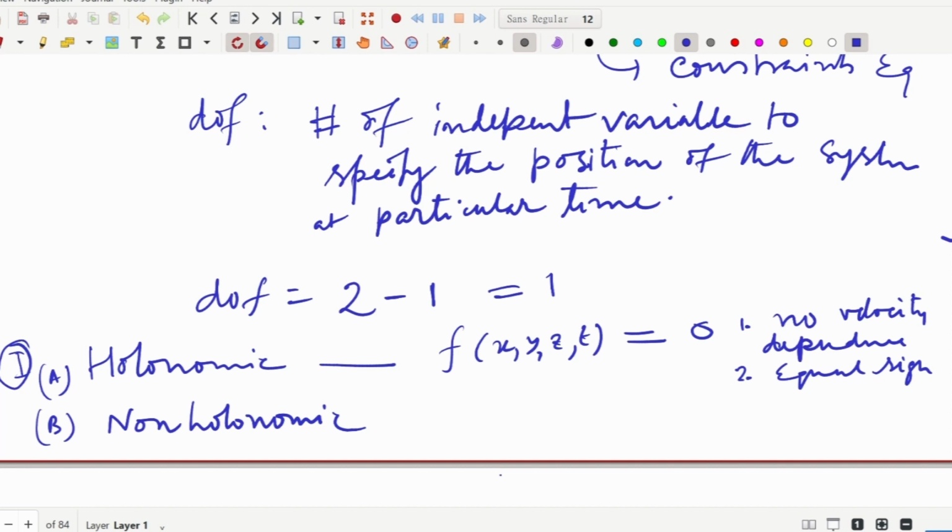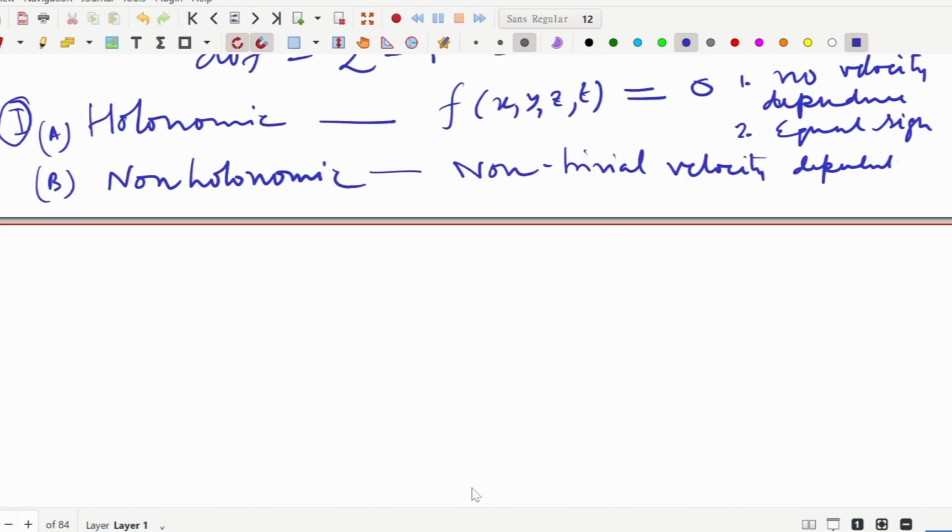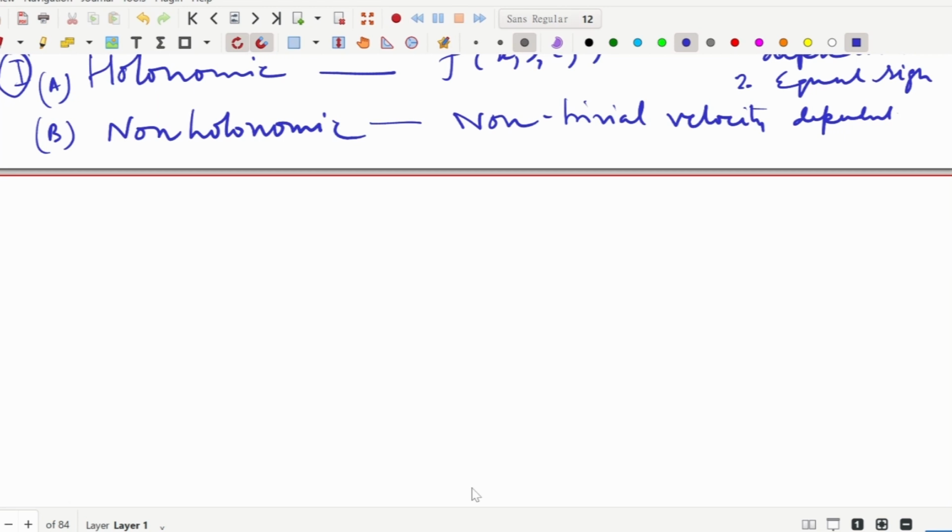On the other hand, all other constraints are non-holonomic. Those which are not holonomic are non-holonomic. That means you can have a non-trivial velocity dependence. Non-trivial velocity dependence means you cannot integrate the velocity to find a velocity independent equation.